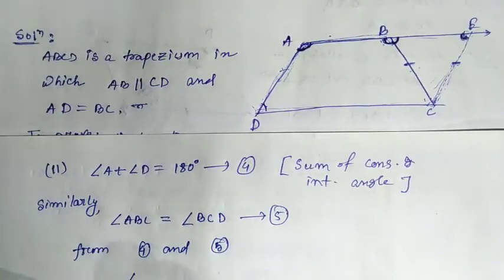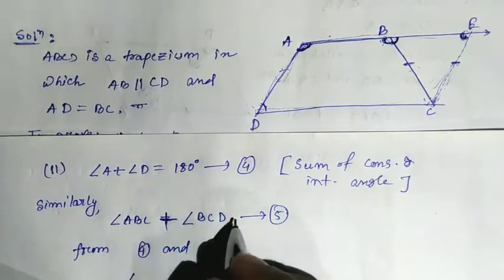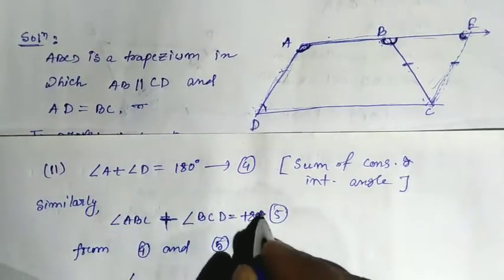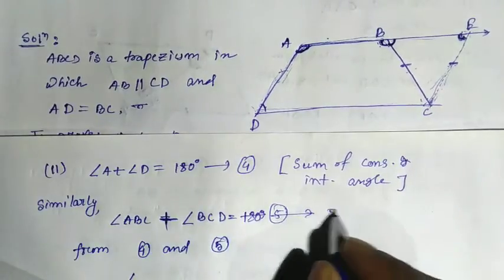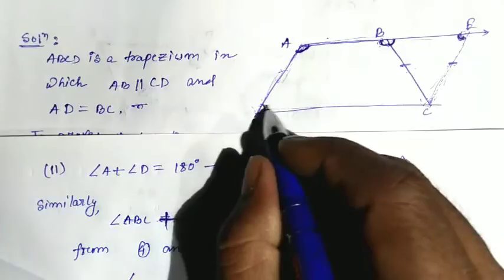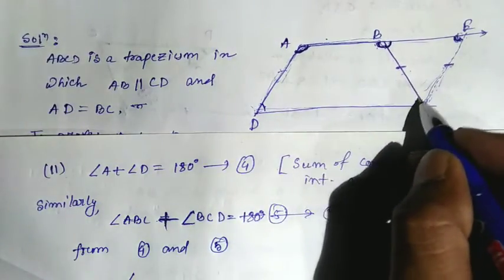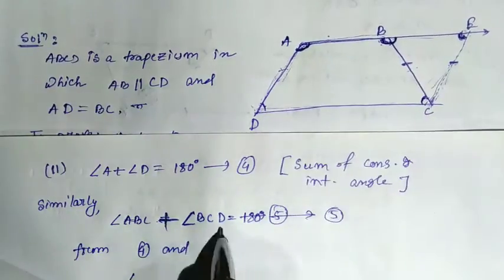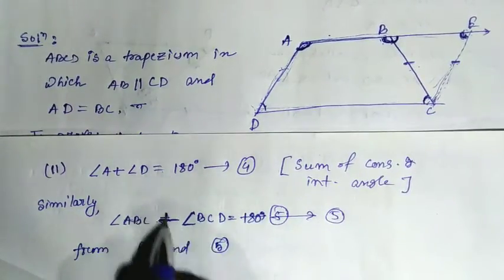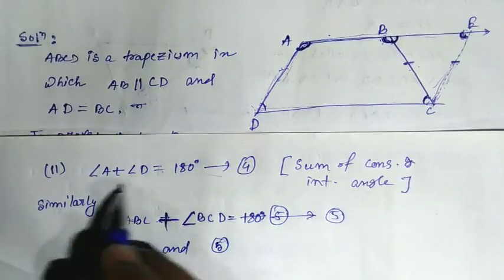Angle A plus angle D is 180 degrees, and for the same reason, angle ABC plus angle BCD is 180 degrees. In both equations the right hand sides are 180 degrees, so the left hand sides are equal.